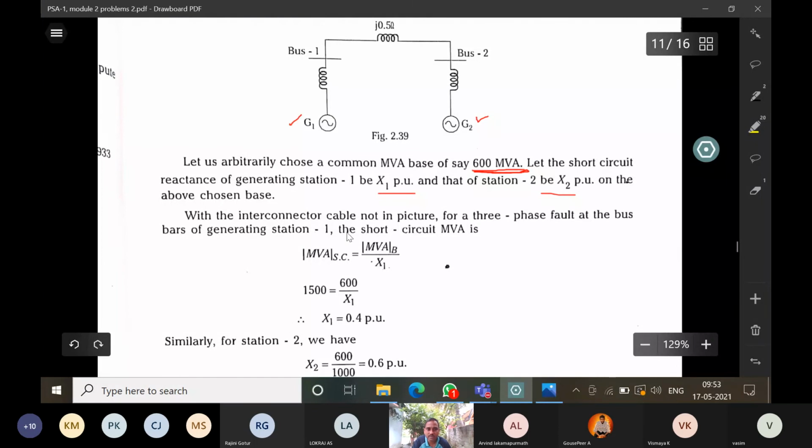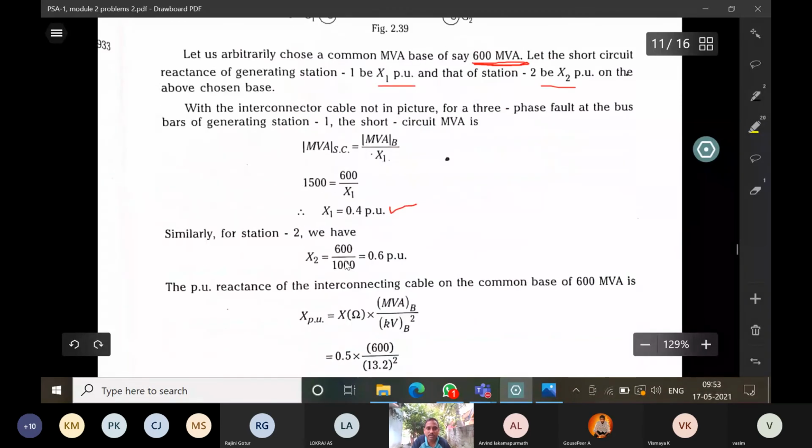With the interconnector cable not in the picture, for the three-phase fault at the bus bar of generating station 1, short circuit MVA is MVA base by X1. So 600 by X1, X1 is equal to 0.4 per unit. Similarly X2 we will get 0.6 per unit.